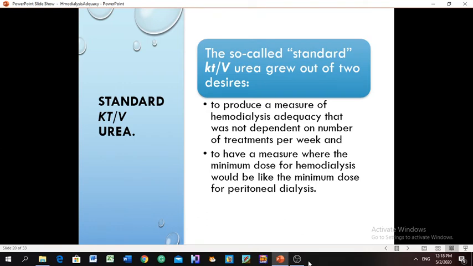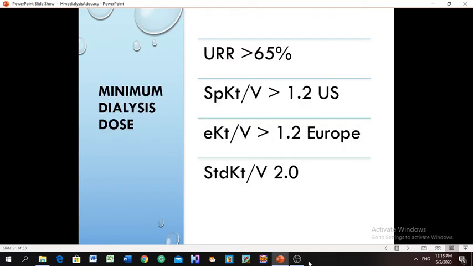Standardized KT/V. The so-called standardized KT/V urea grew out of the desire to produce a measure of hemodialysis adequacy that was not dependent on the number of treatments per week, and to have a measure where the minimum dose of hemodialysis would be like the minimum dose for peritoneal dialysis.